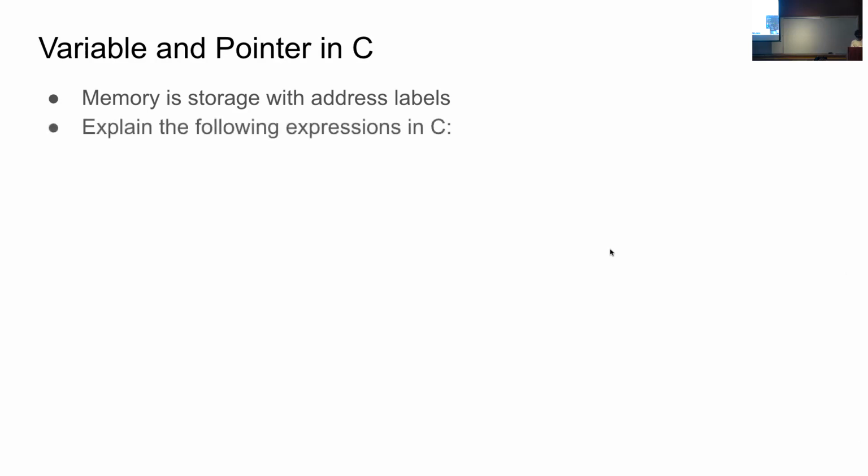Explain what the following expressions do in C. What does this expression do? For the people in person, you can just raise your hand, and if you're on Zoom, feel free to unmute and say the answer.